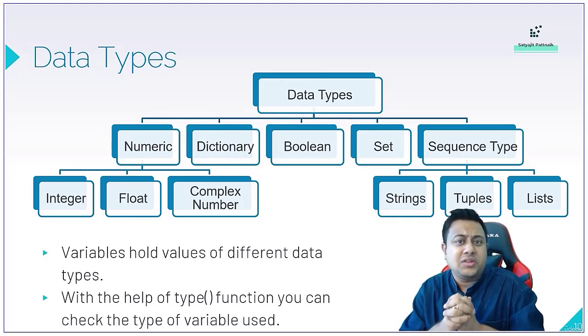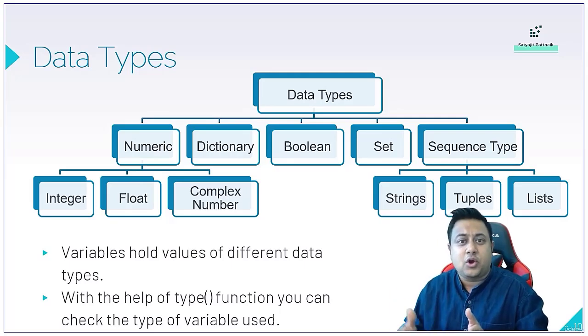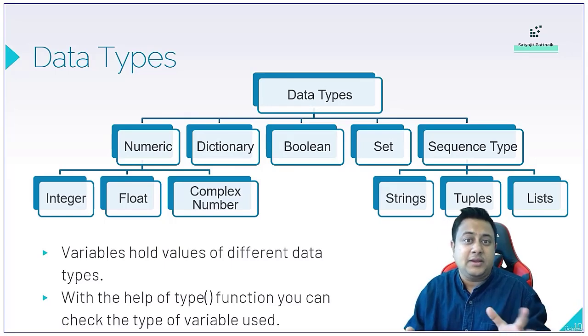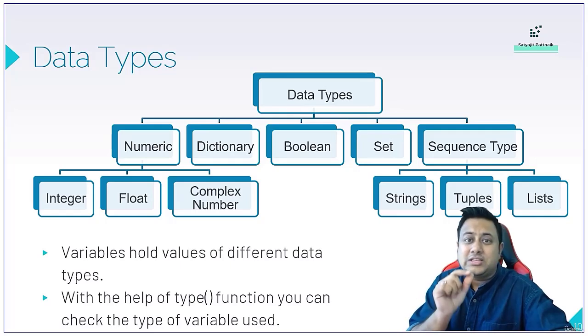Now what are sequence types? That means they store values, they store records in sequence. Like string is a sequence type, it's a sequence of characters. Multiple characters combine together to form a string variable. Like hello world, like hello. Hello has 5 characters.